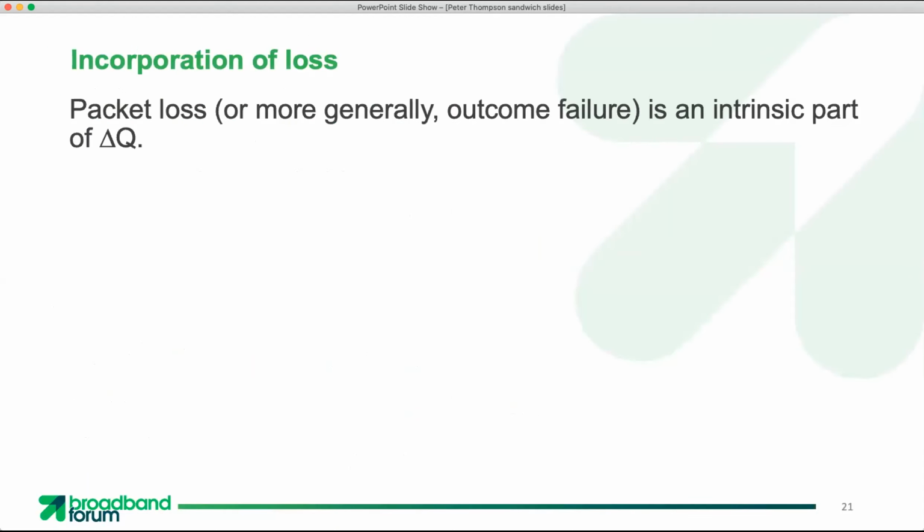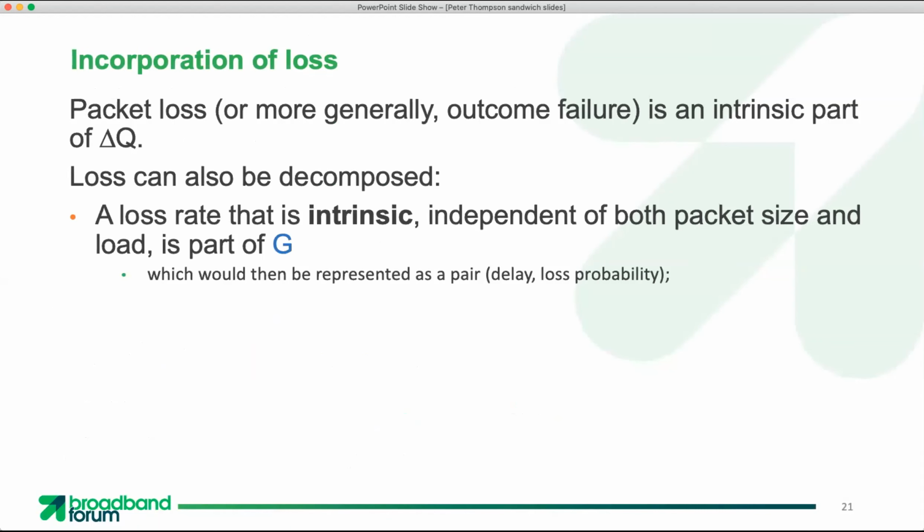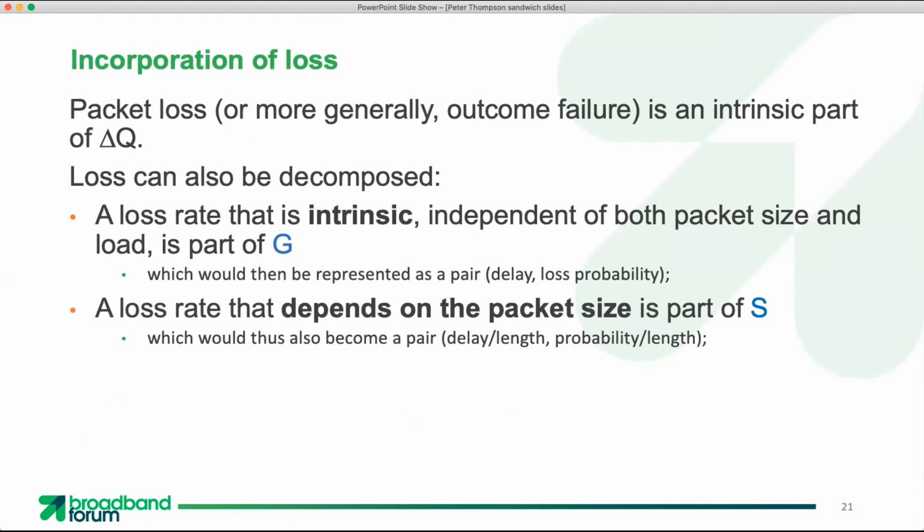Each of them could have some loss. If the loss rate was just a noise floor that always happened, it would be part of G. If it depended on the packet size, for example, if we had some probability of corruption of each byte, and if we have a corrupted byte we lose the whole packet, that obviously gets worse the bigger the packet is.